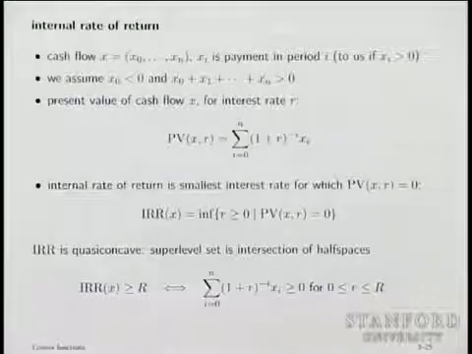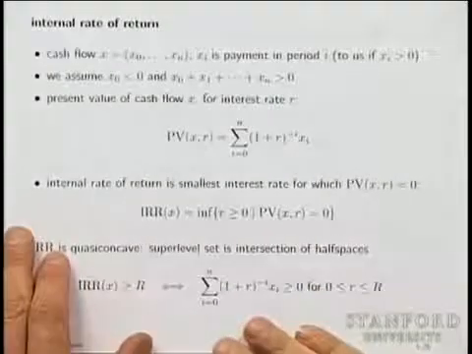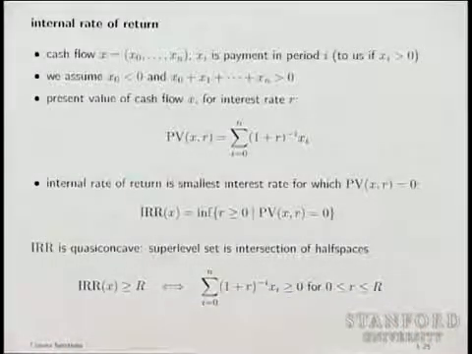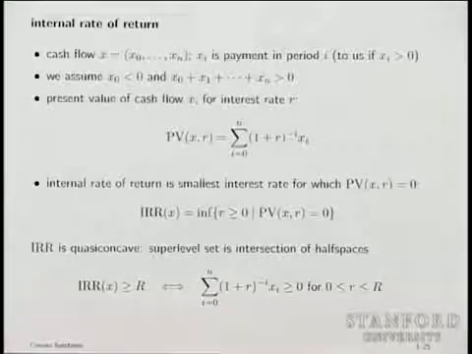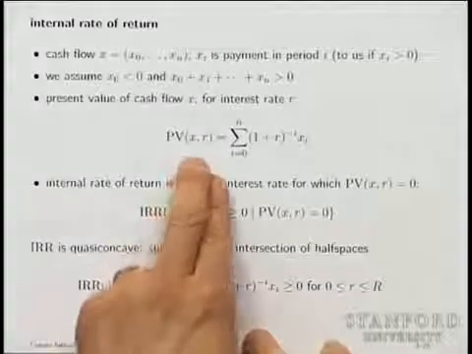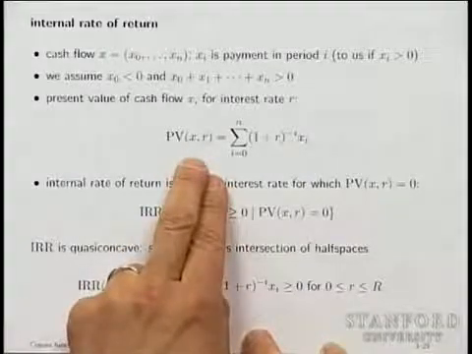Now, the internal rate of return is usually defined completely incorrectly and ambiguously, in fact in essentially every finance text I look at. They said, not the smallest, they said it's the interest rate that makes the present value 0. Well, let's see.